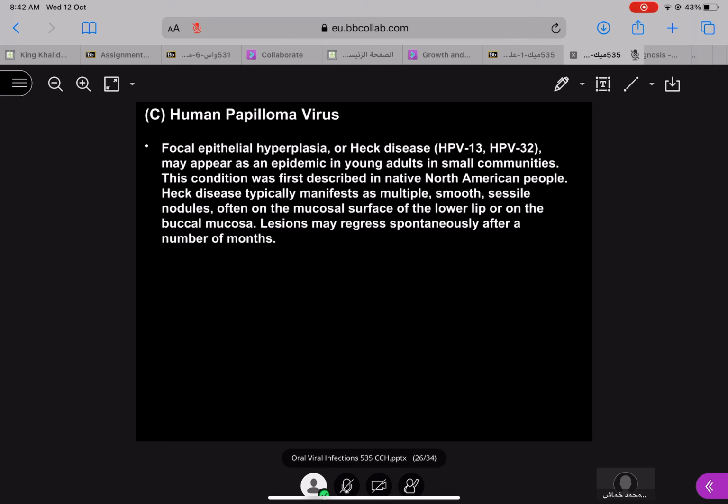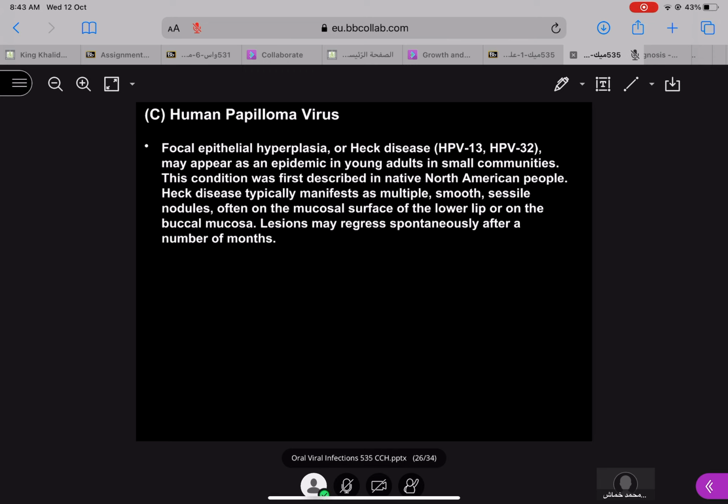Focal epithelial hyperplasia or Heck disease may appear as an epidemic in young adults in small countries. The condition was first described in native North American people, the first time they saw Heck disease.